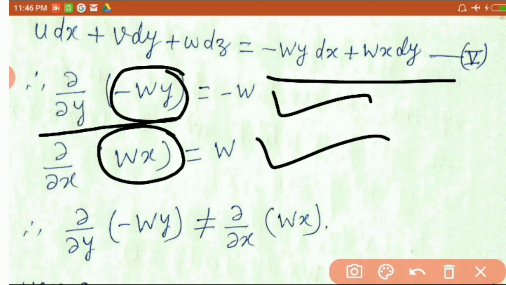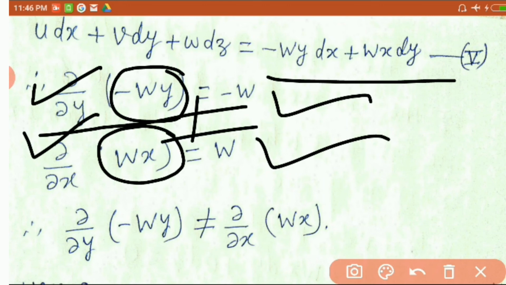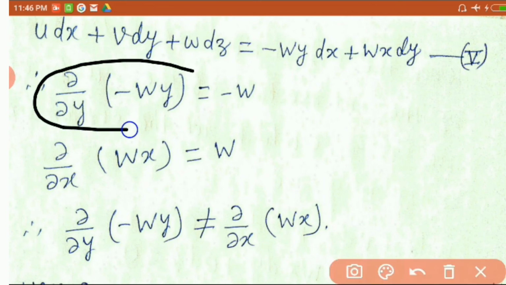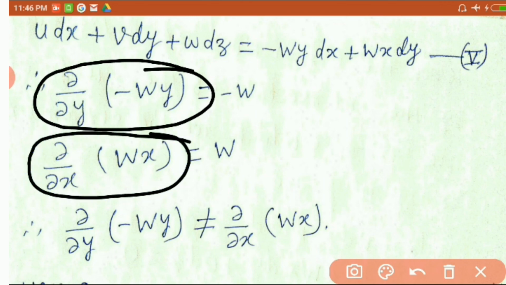So this and this are not equal. So ∂/∂y of (minus wy) is not equal to ∂/∂x of (wx).